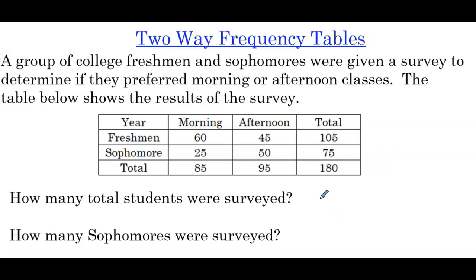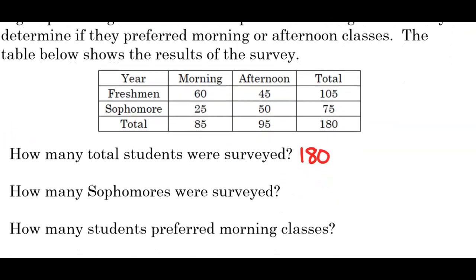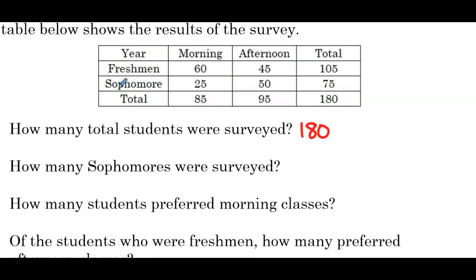So how many total students were surveyed? So that's the value in the bottom right-hand corner. So 180 total students. How many sophomores were surveyed? So if we go across the sophomore row, we see there's 75 total sophomores that were surveyed. How many students preferred morning classes?